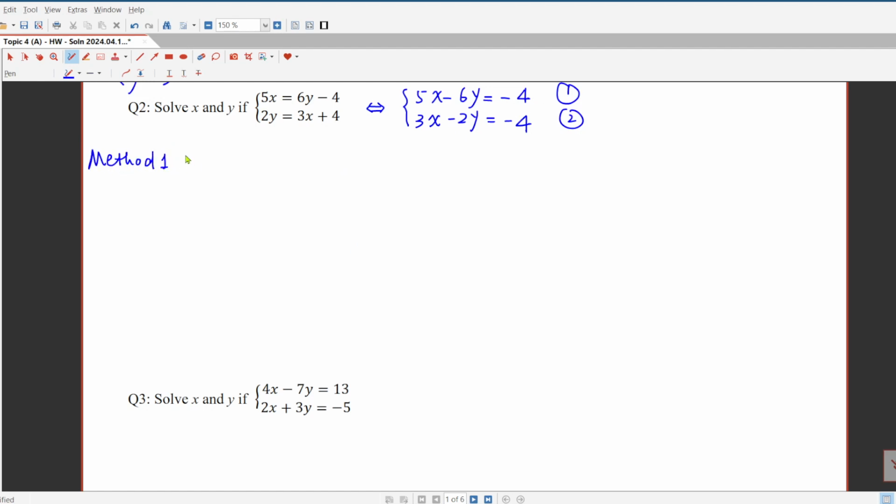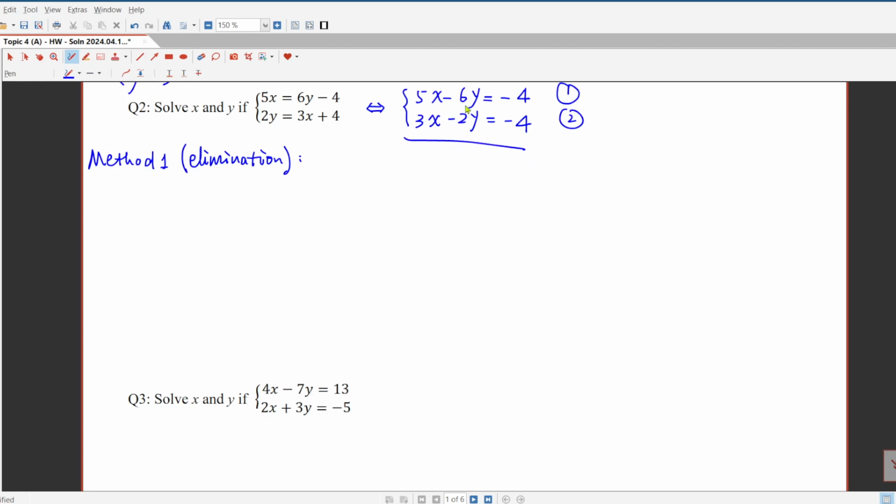Okay, then again, we can use either elimination or substitution method. So method 1, elimination. And again, personally, I think the elimination method is much easier than substitution. So in order to eliminate one of the variables, we should multiply either the first equation or the second equation with some constant.